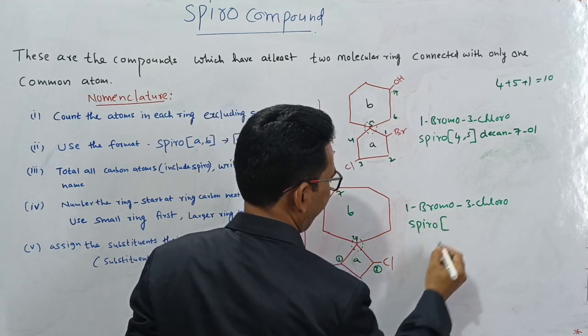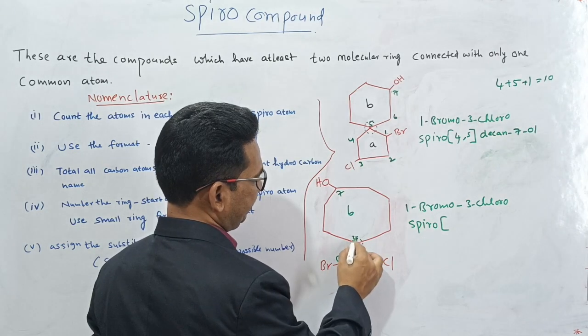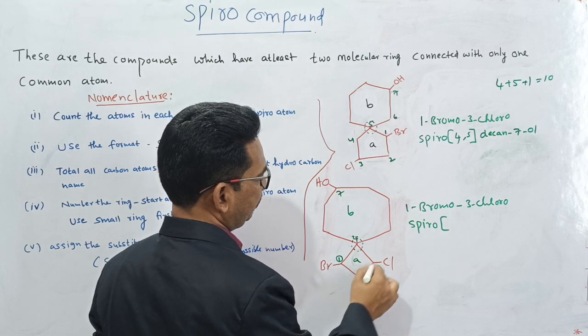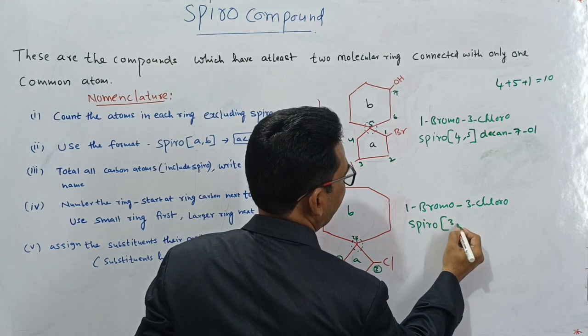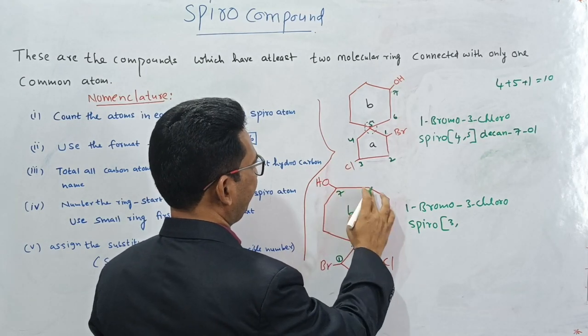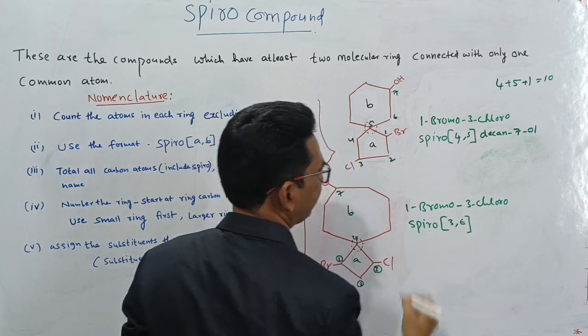Then square bracket. See, the small ring, how many atoms does it have except this Spiro atom? 1, 2, 3. Then for this ring except the Spiro atom, 1, 2, 3, 4, 5, 6. It will be 3 comma 6.